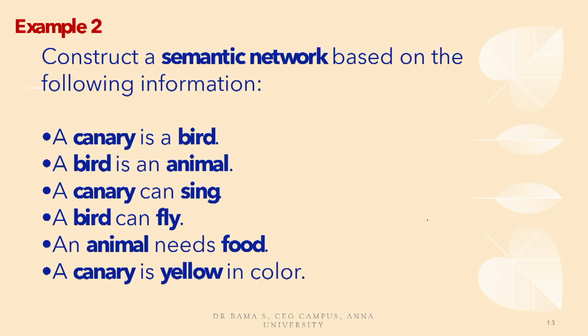Now, given these English statements, the first task would be to identify the nodes. The nodes you can see are in bold. Canary is a bird, here canary is a node and bird is a node, animal is a node, sing is a node, fly is a node, animal and food are nodes, canary yellow is a node.